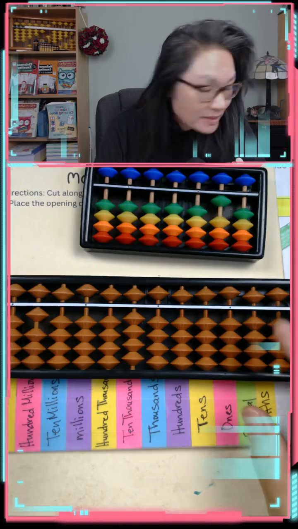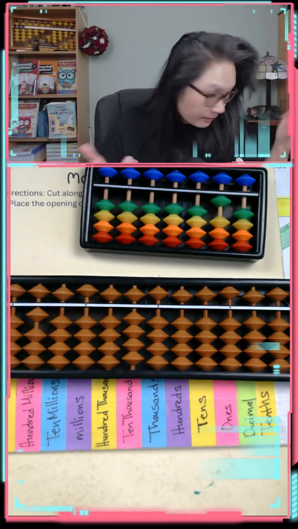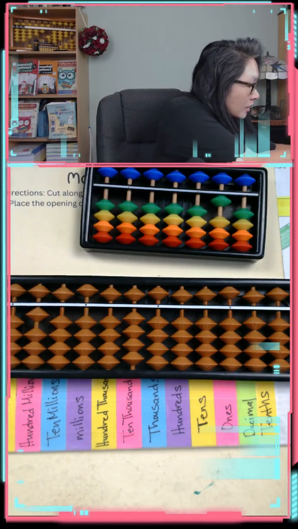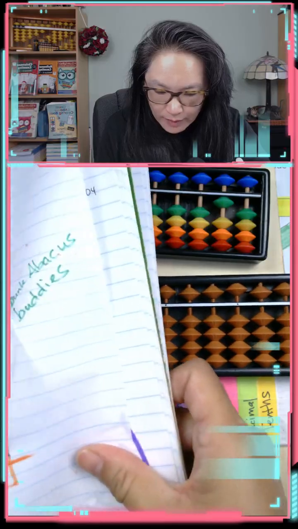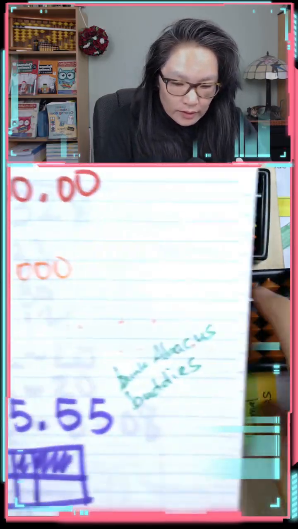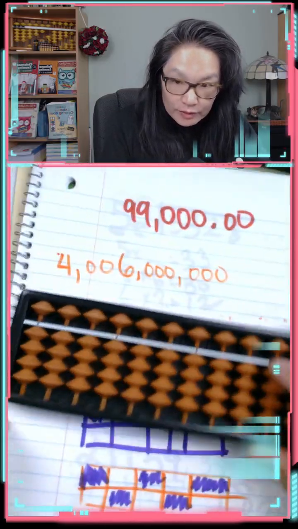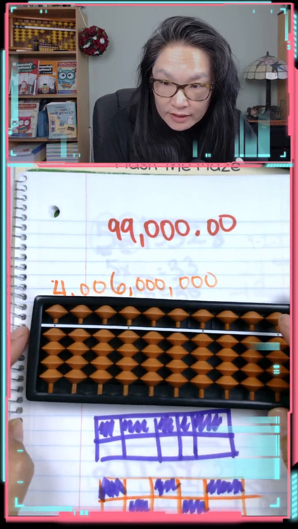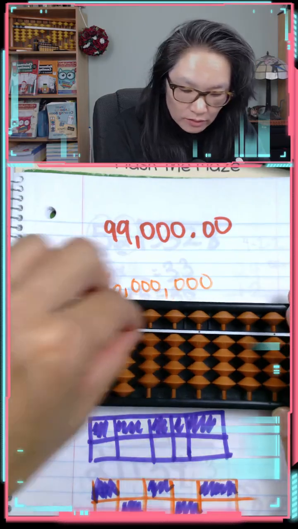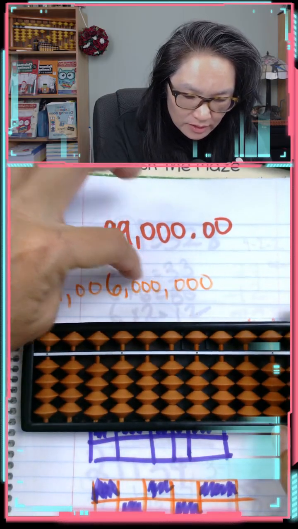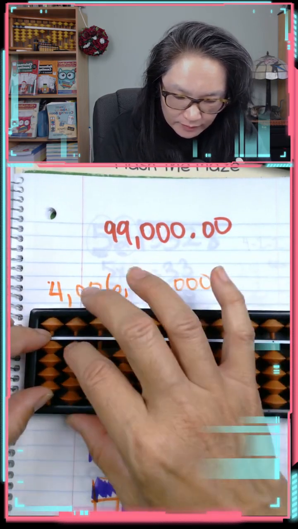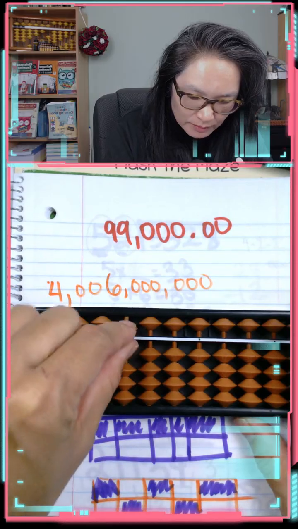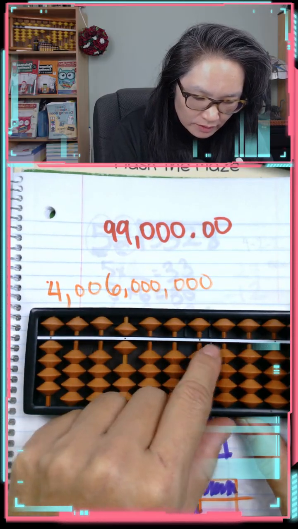So the dots are commas. Exactly, the dots are commas. And then it also depends. Here's another example. If I did billions here, this would be 4 billion, 6 million, 00000.